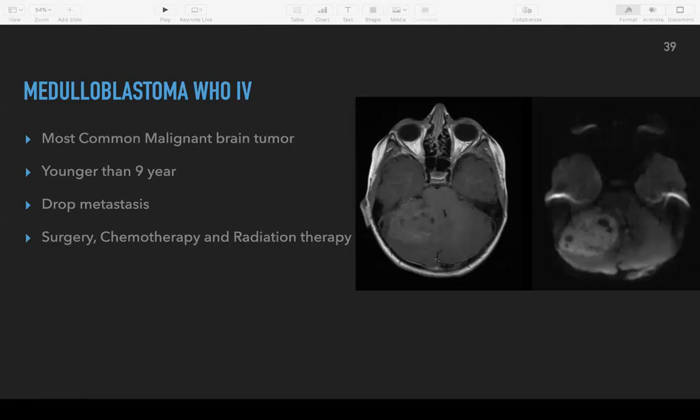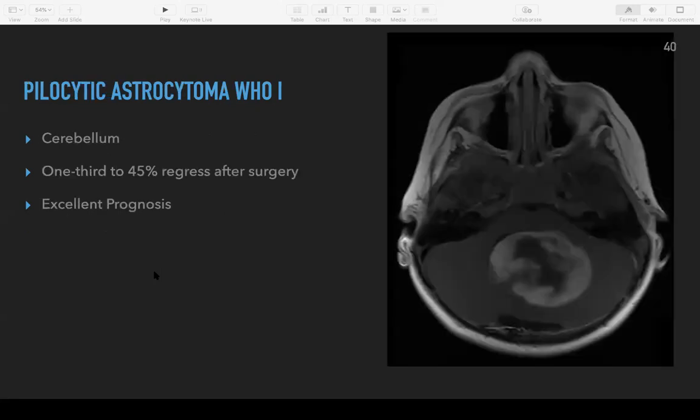Other patients, even with total surgical resection, chemotherapy and radiation therapy, don't do well. We are talking about a younger age group, less than 2 years, with mutation and drop metastasis. I don't want to go into a lot of detail. I get biased because I'm a pediatric neurosurgery fellow.